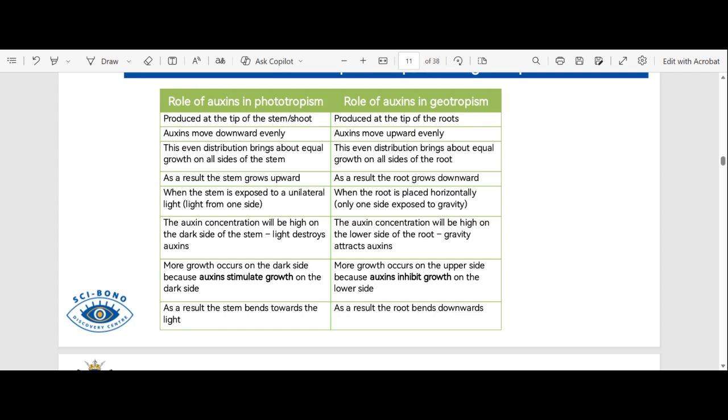Remember, in the stem they move down, but when it comes to the roots, they move up evenly, causing the roots to grow going downward. Remember, the stem grows going upwards, whereas the roots grow going downwards. So that's the difference between the roots and the stem, right?